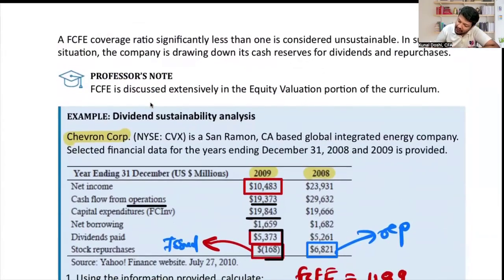See, when it comes to FCFE coverage, they are saying an FCFE coverage ratio less than 1 is considered unsustainable. So if this ratio is below 1, it is considered unsustainable. Keep this in mind. Understood?